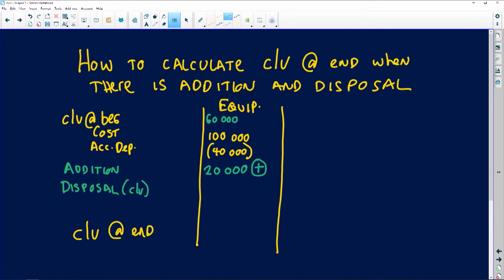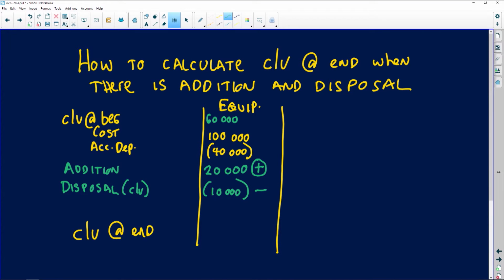So for example, my disposal, again, I'm just making up a random figure, is 10,000. And you can see that that is in brackets because if I'm getting rid of an asset, my carrying value is now going to decrease because that asset is not part of my business anymore. I don't own the asset once I've sold it or disposed of it.